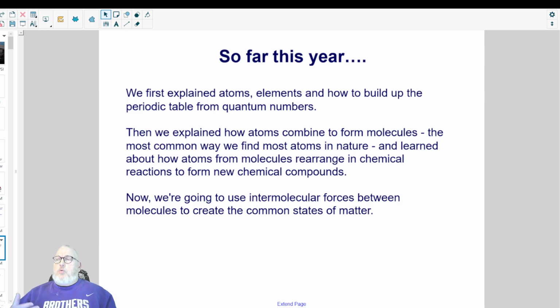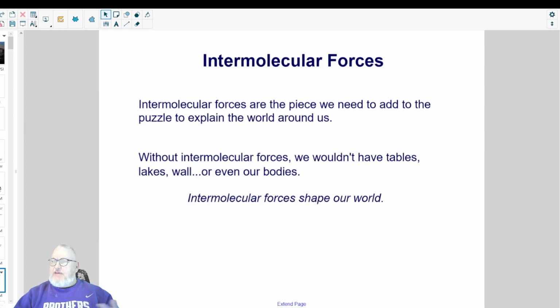So now we're going to use intermolecular forces that happen between the molecules to create what we know as the states of matter. Intermolecular forces are the key piece we need to put the puzzle together to explain why we look like what we do.